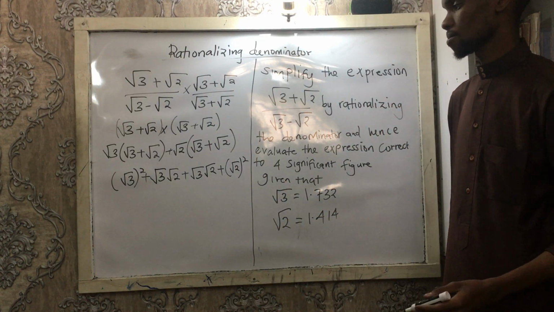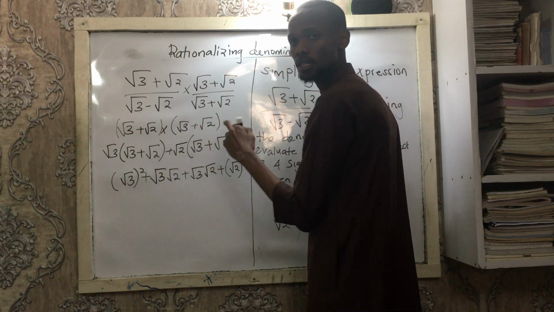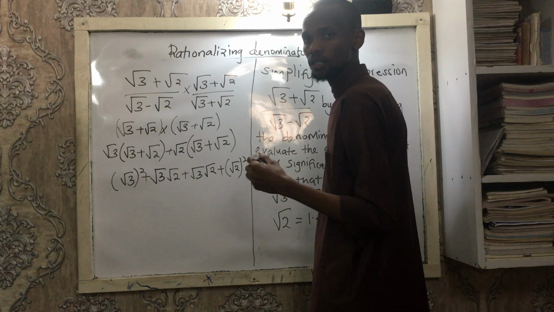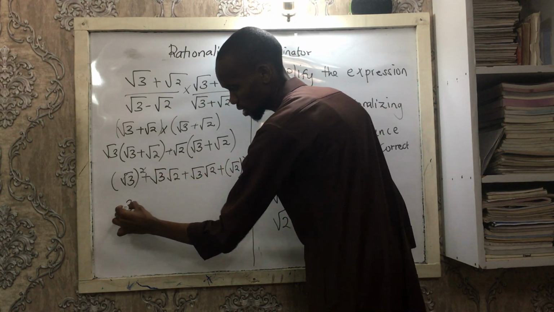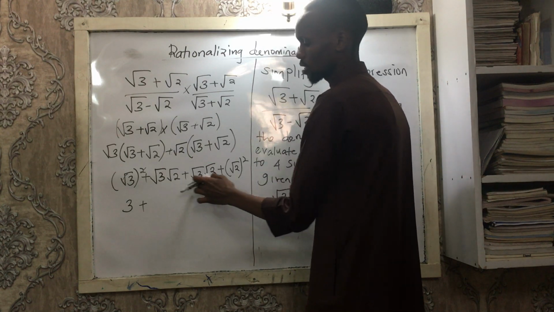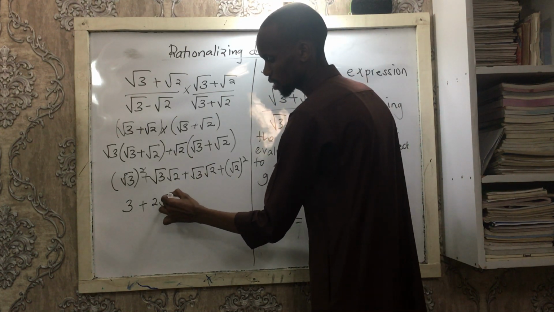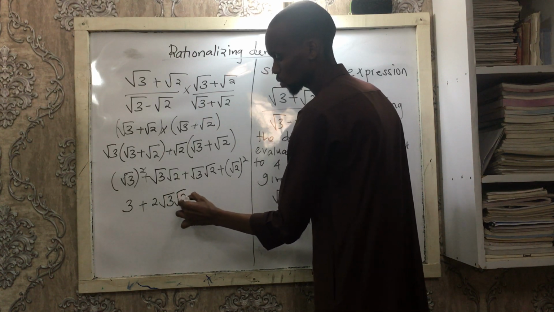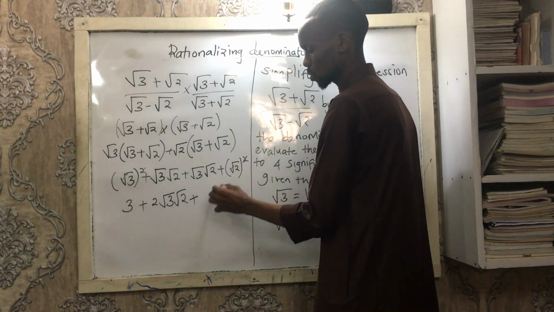Okay? We need to simplify it, right? You remember? We said the square cancels the root, so that we remain with 3 plus, these are two of them, so we can say 2 root 3 root 2, right? And then plus 2.